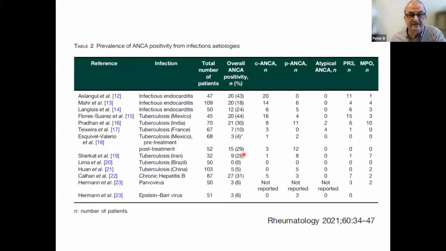So this is a list where you have the percent of positive tests, up to 45% in endocarditis are ANCA positive, and here 30% tuberculosis, and chronic hepatitis B here is in one study 30%, other viruses also rarely.